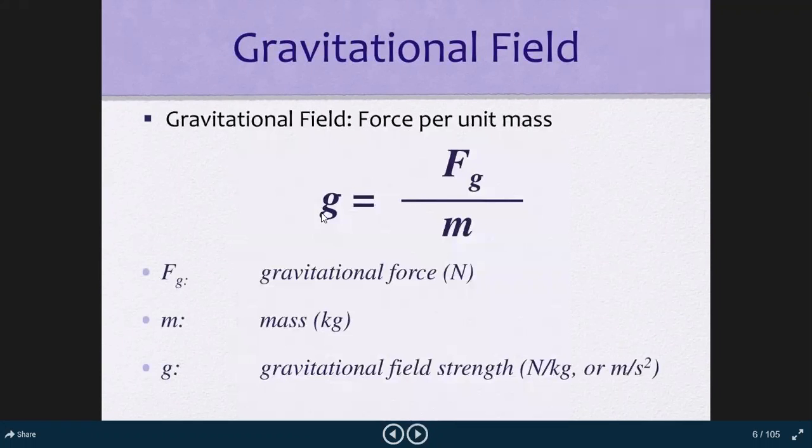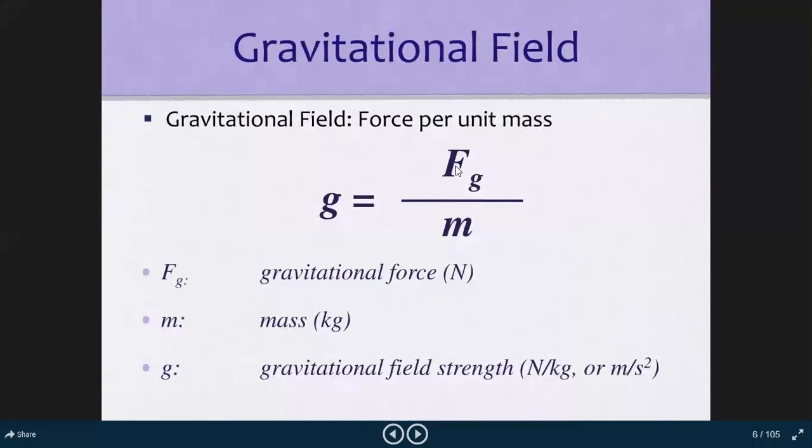All of you already know the formula F equal to mg. mg is the weight of a body of mass m on the surface of the earth, where the earth is subject to gravity g. Therefore, g equal to Fg upon m.